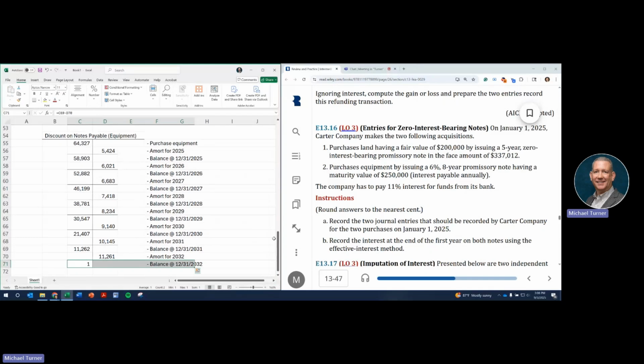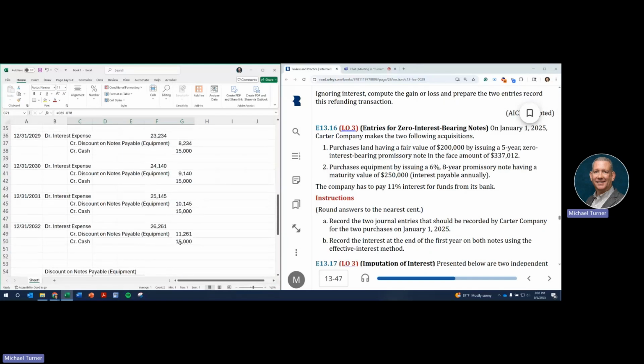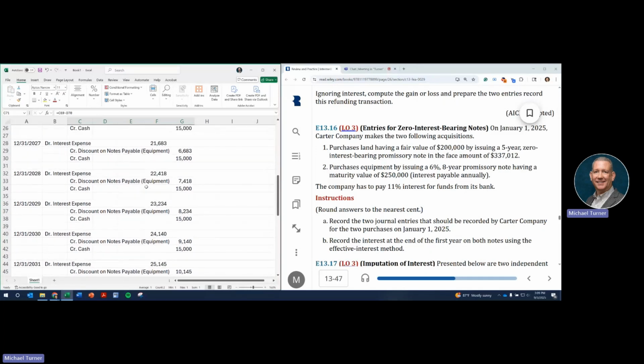It's not a straight line. It's not consistent every year. It's increasing because the amount of the interest expense, the cash paid, is becoming a smaller proportion of the actual interest expense. And we can see that based on the net there as it relates to what interest expense is compared to what the cash payment is in our journal entries that we recorded above.